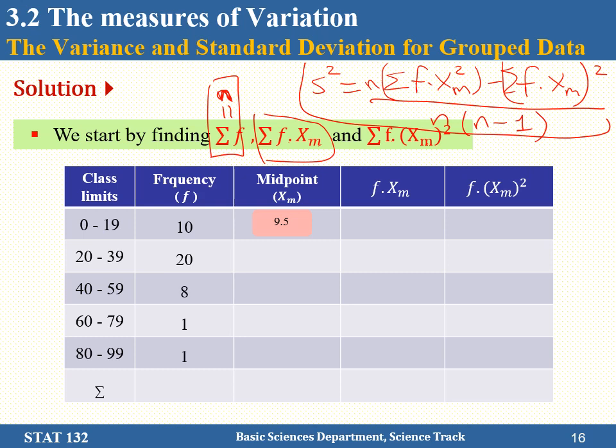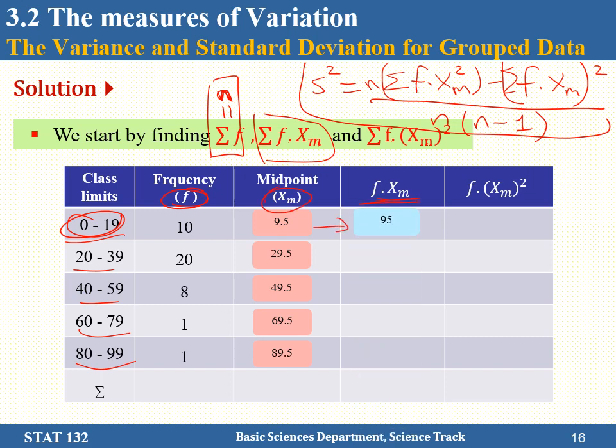So first we find the midpoints by looking at the classes. You know how to find the midpoint. You add these two points and divide by 2, so it's 0 plus 19 over 2, which is 9.5, and the rest goes this way. After this we multiply the frequency with the midpoints, f times xm. Let's look at the products here.